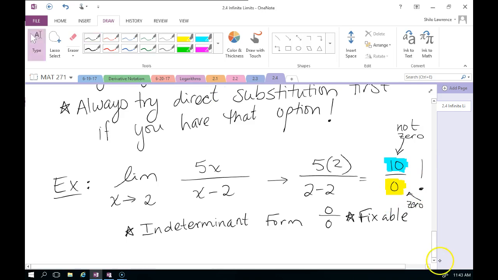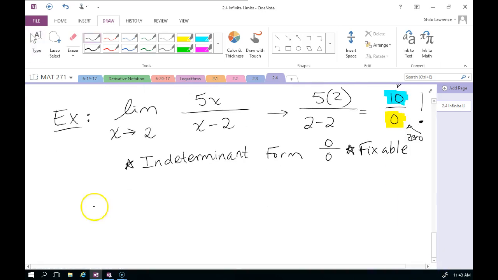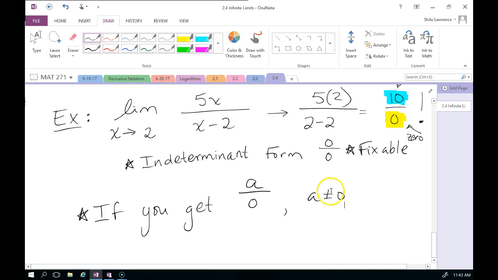So this format specifically, if you get a over 0, a can't be 0 because then that would be indeterminate and we can fix it. If you get a over 0, then you will get infinite limits.